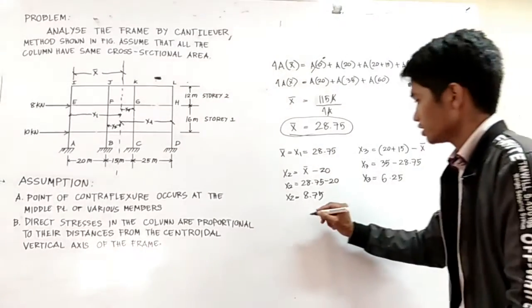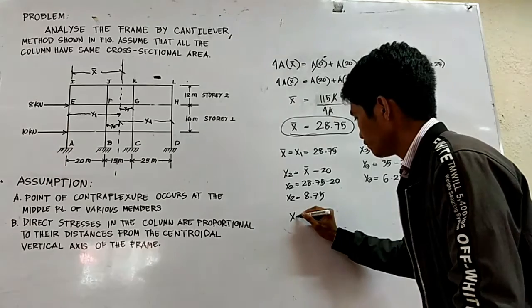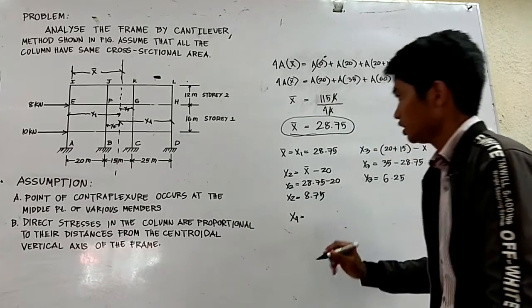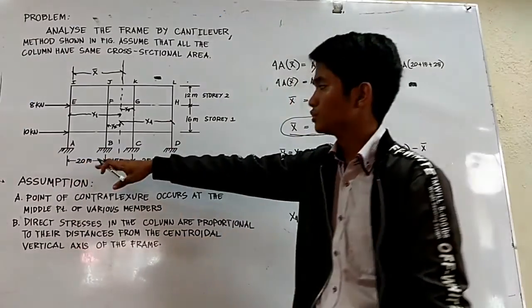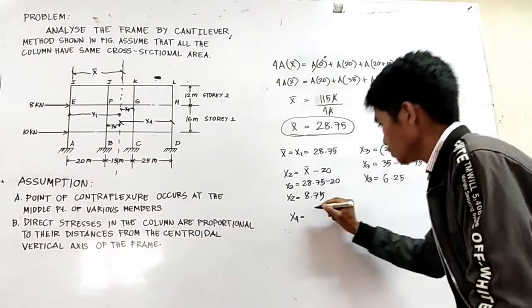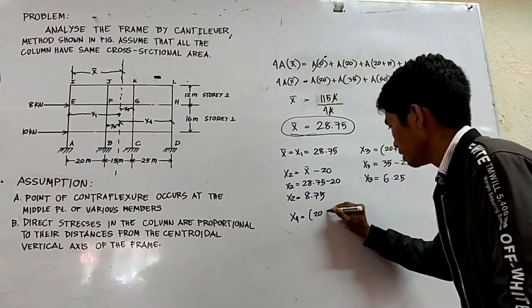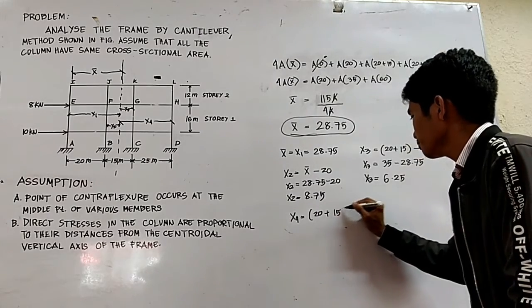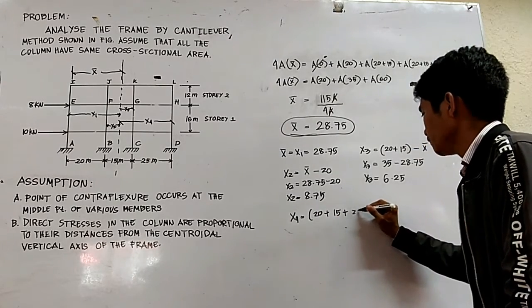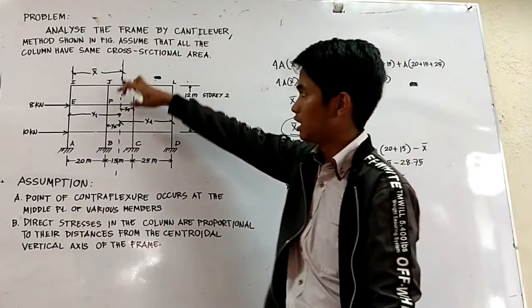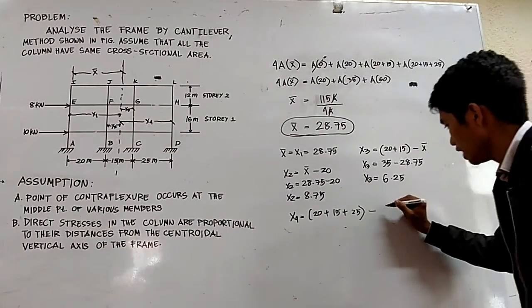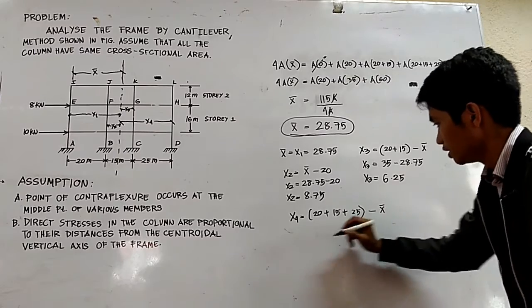The same process gives the value of X4, from D up to A. We add those distances, 20 plus 15 plus 25, minus the centroidal distance.